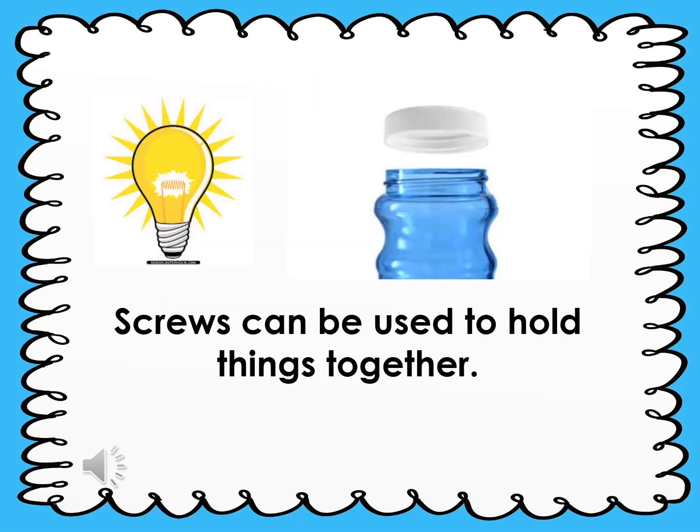Screws can be used to hold things together and to raise and lower things. A light bulb and a bottle lid can be examples of screws. When you open a bottle lid, it raises if you turn it one way and lowers if you turn it the other way. The bottle lid is the best example of a screw.